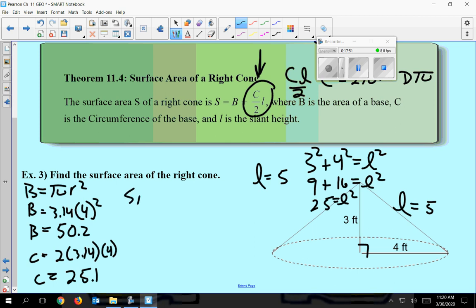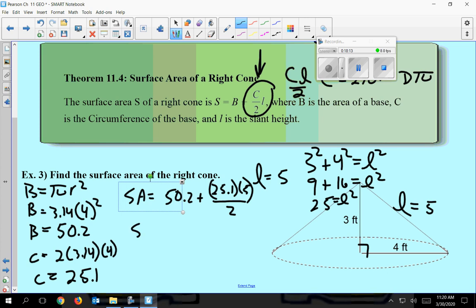So the surface area is going to equal the base, 50.2, plus the circumference, 25.1, times the lateral height, which we found was 5. Divide that by 2.